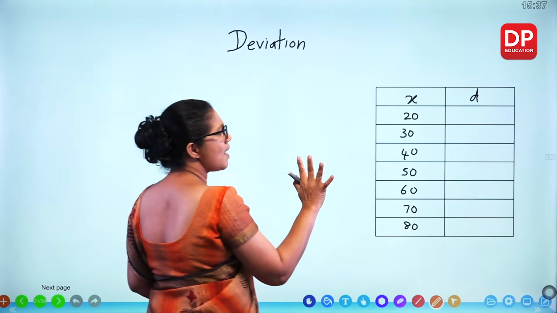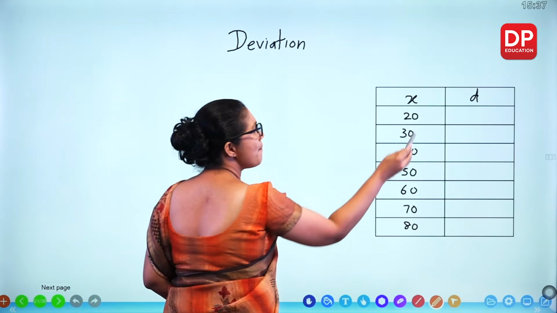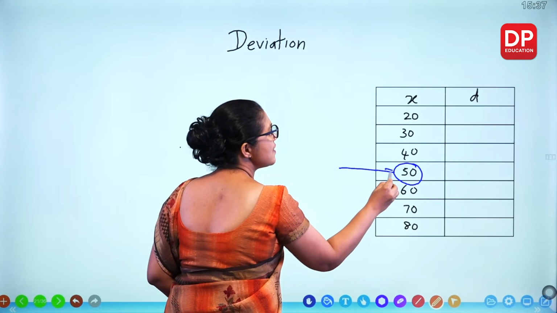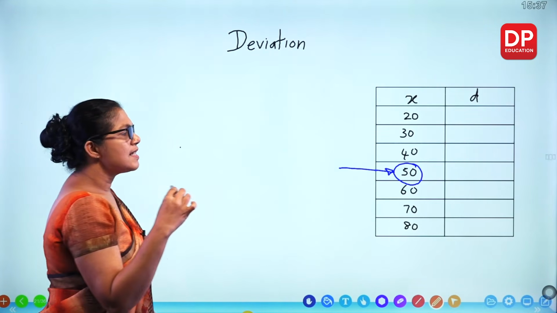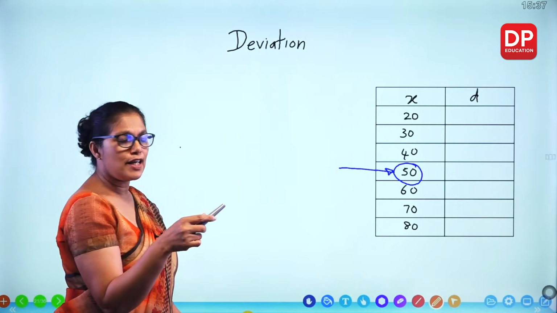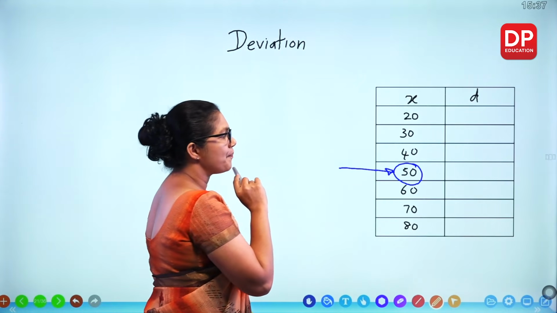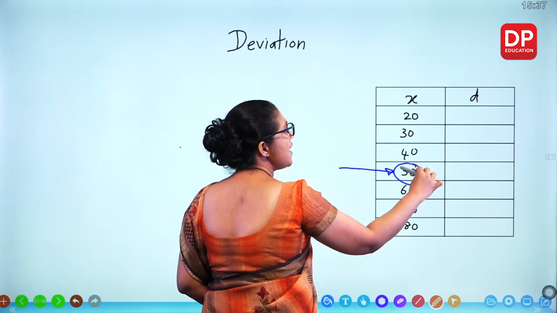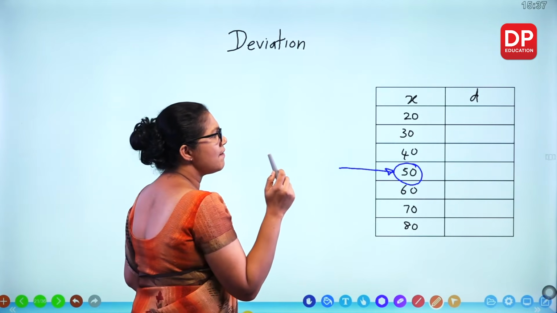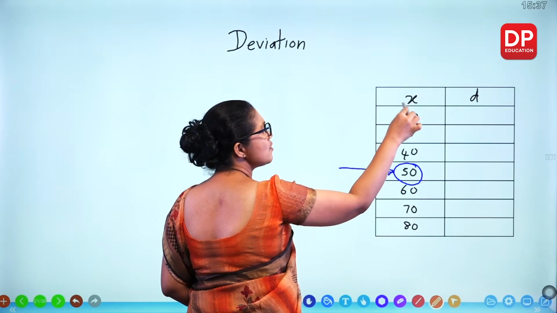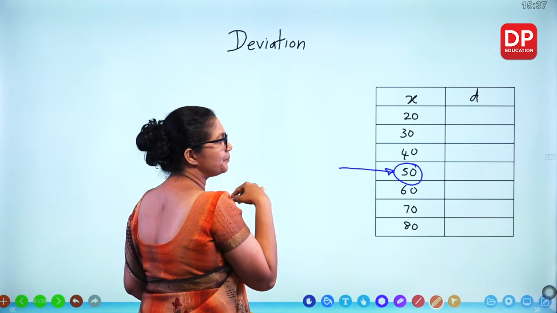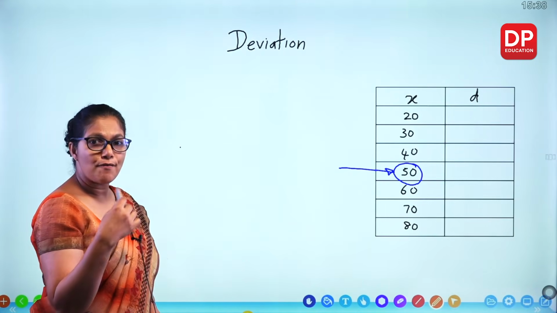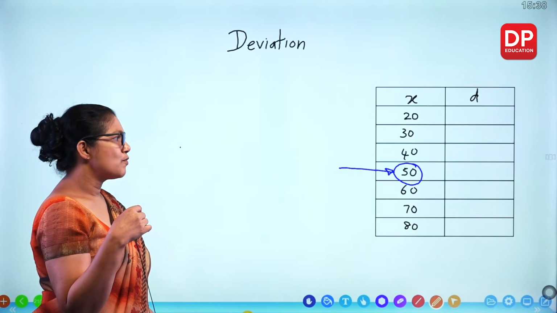So for example, if we want to compare this data set with 50, we say this is the value. What's the deviation of other values from this number? So we subtract. The deviation is negative when these numbers are lower than the assumed value, and you get a positive deviation when the values are bigger than the assumed value.